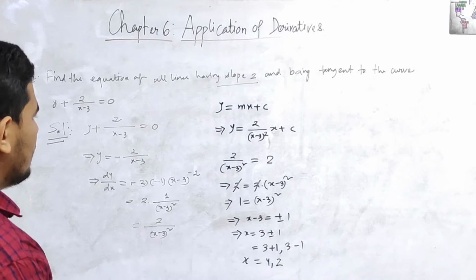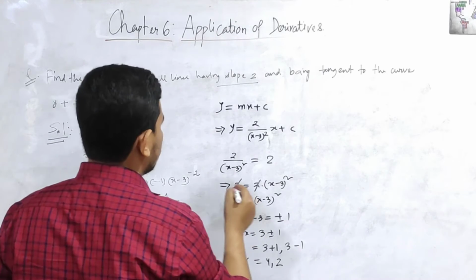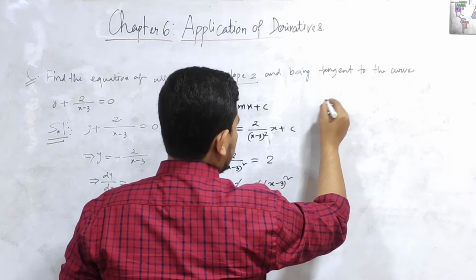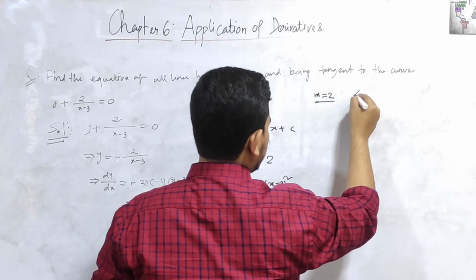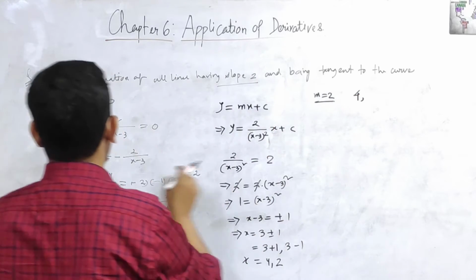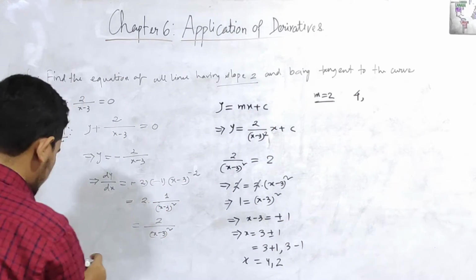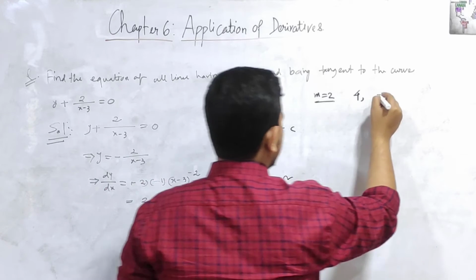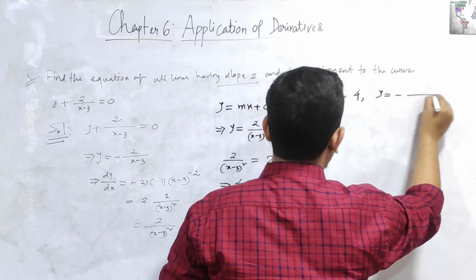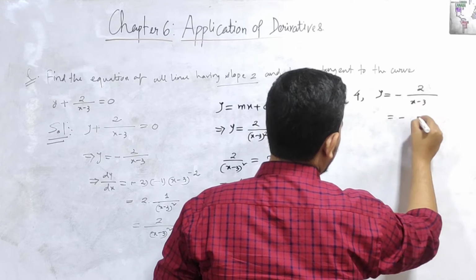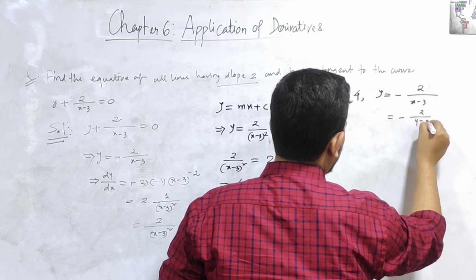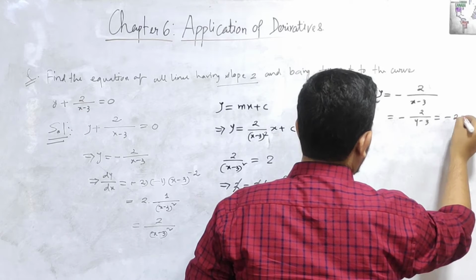So here, if I can get the coordinates, the slope should be 2 and the points are at x equal to 4. At x equal to 4, the y value will be, let's suppose I find out the value of y will be minus of 2 x minus 3. So it will be 2 into 4 minus 3, which will be minus 2.